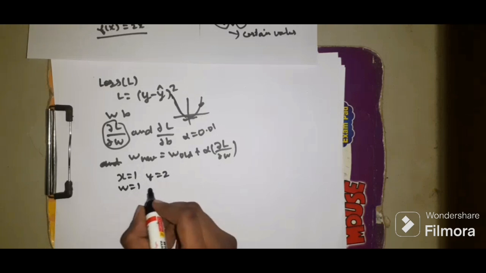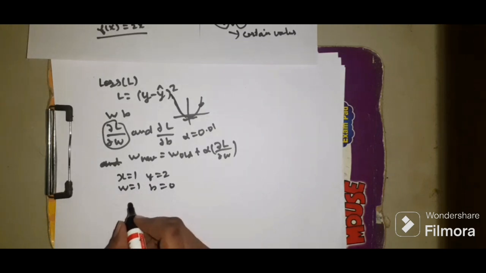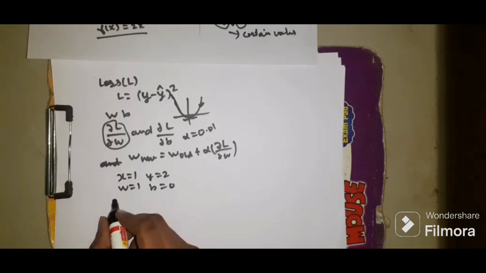The weight is 1 and the bias is 0. Let's calculate the losses.